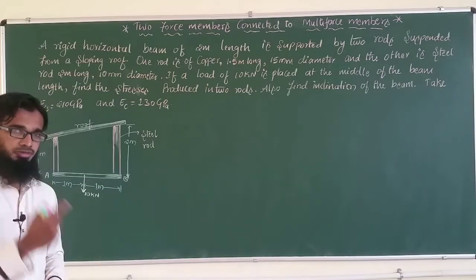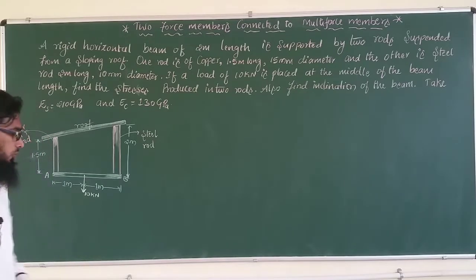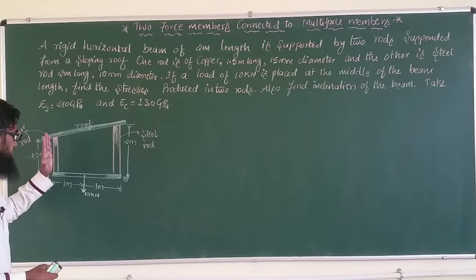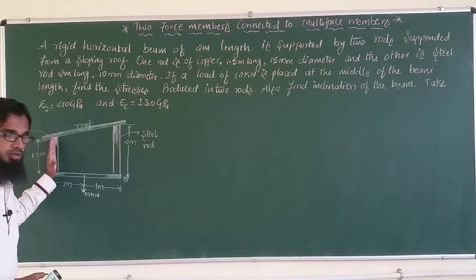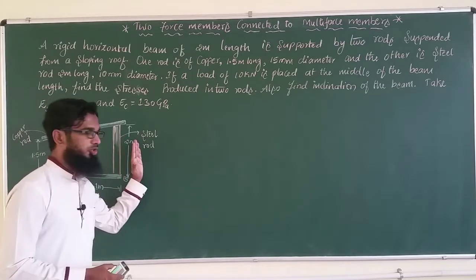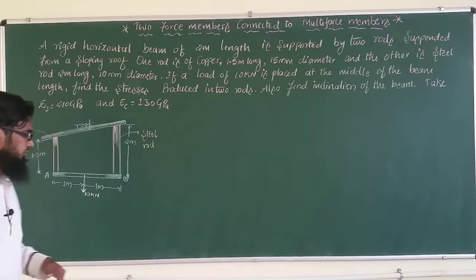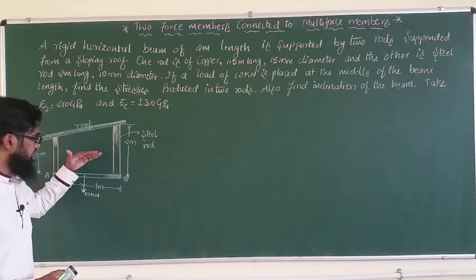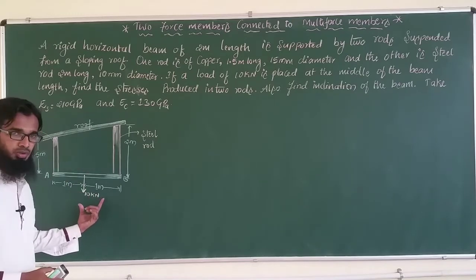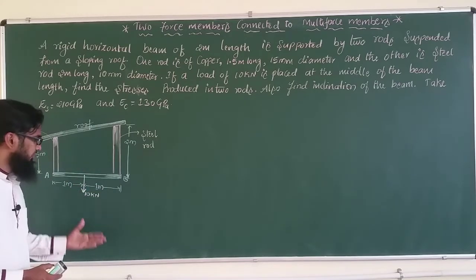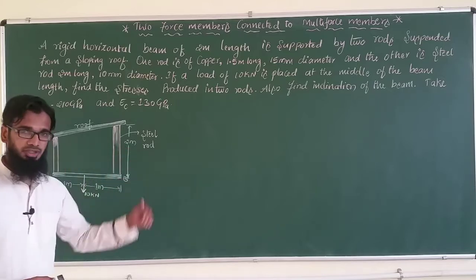What we have to find in this problem is the stress induced in the copper rod and the stress induced in the steel rod. When you apply this 10 kilonewton load, a deformation takes place in the copper rod as well as the steel rod.